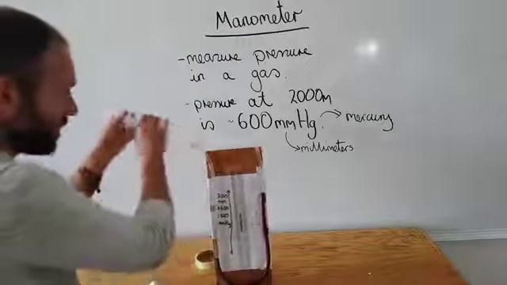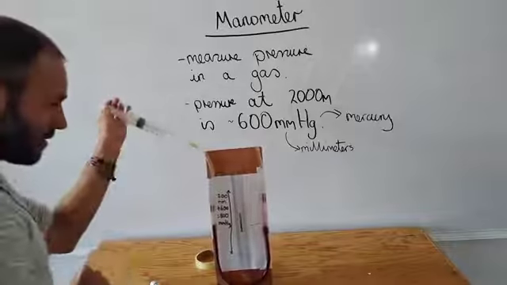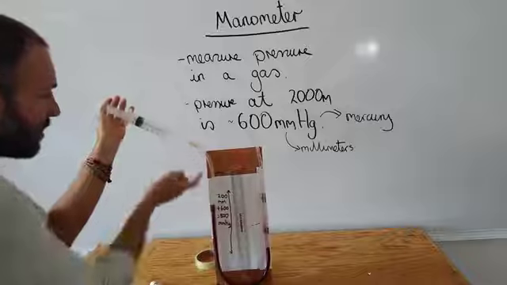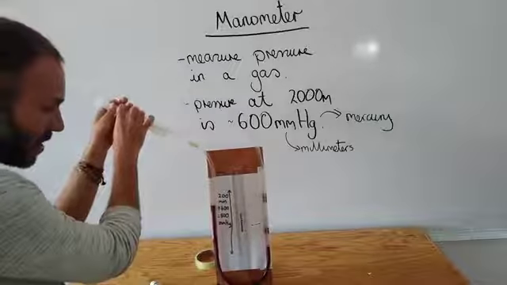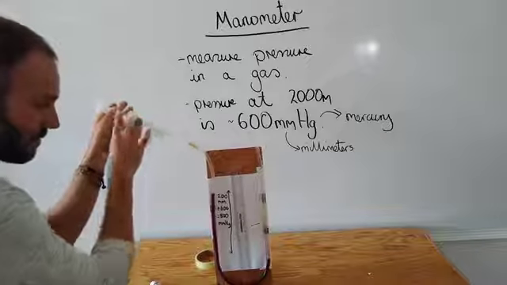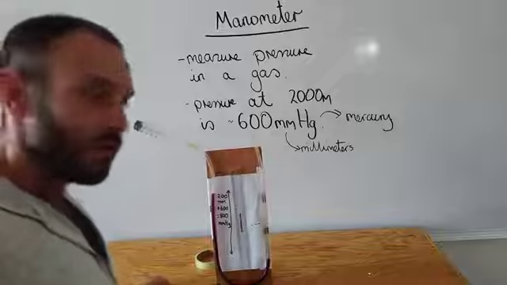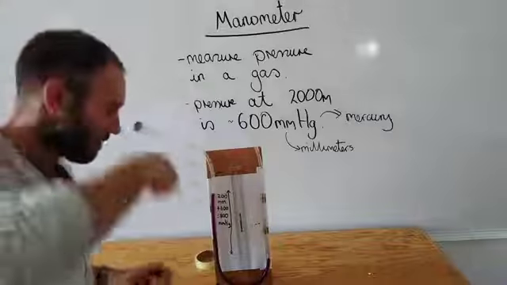Now, we can then take it back, and we can then go the other way. We can now make the volume in here larger, which has decreased the pressure on this side.